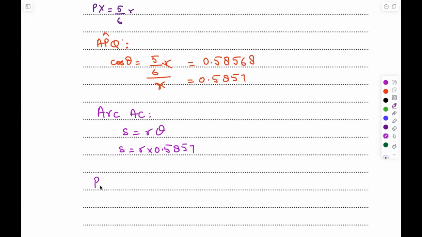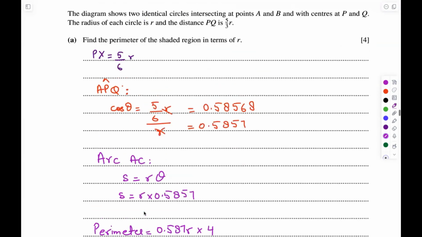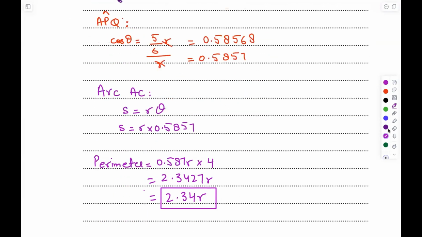So the total perimeter will be 0.5857R multiplied by 4, which gives 2.3427R. Rounding it off to 3 significant figures, the final answer is 2.34R for the perimeter of the shaded region. As we have to give our answer in terms of R, we'll leave it as 2.34R.